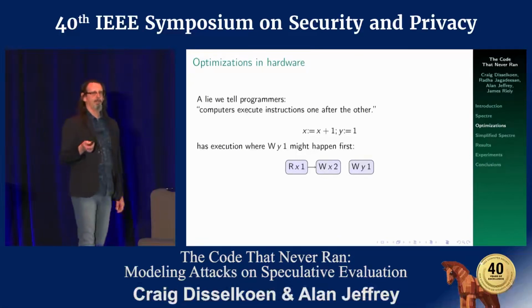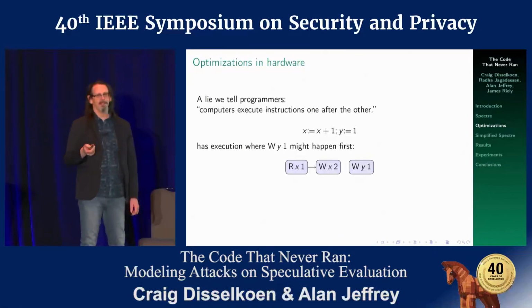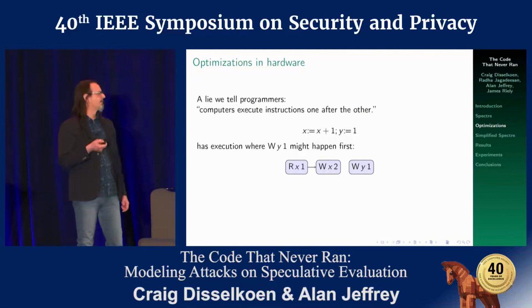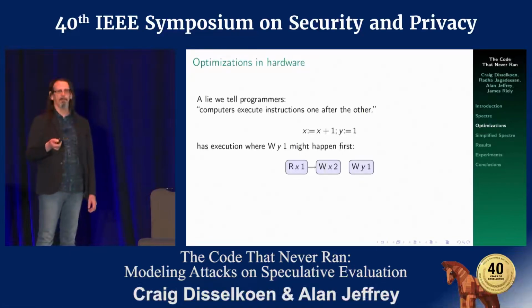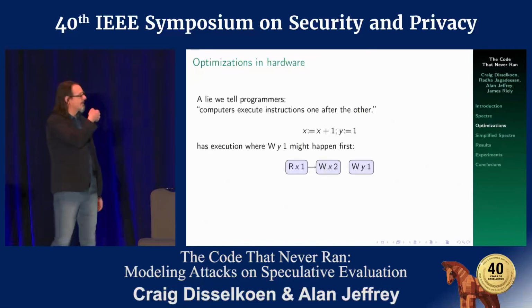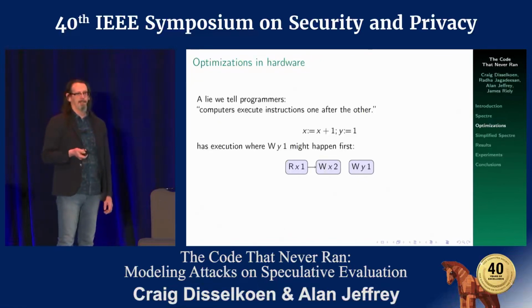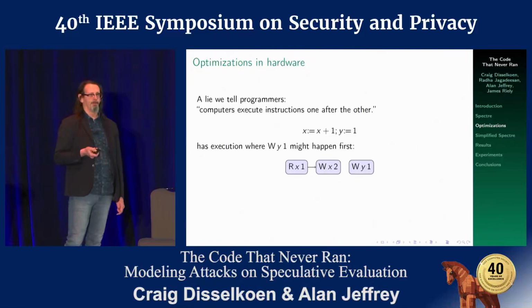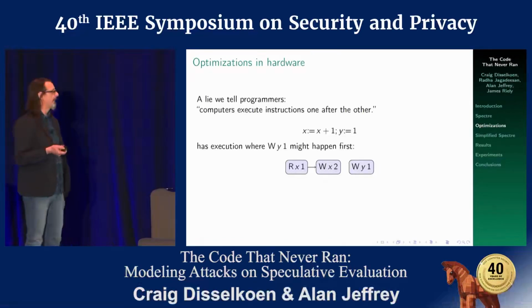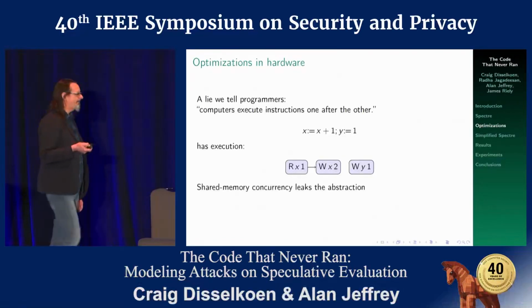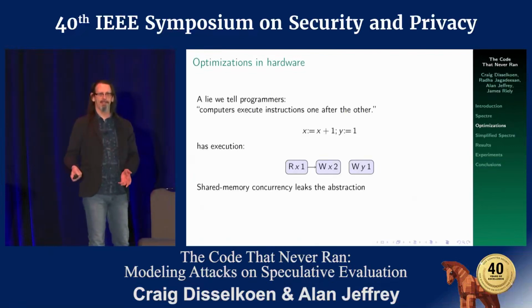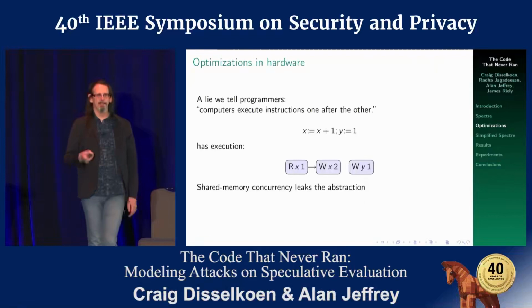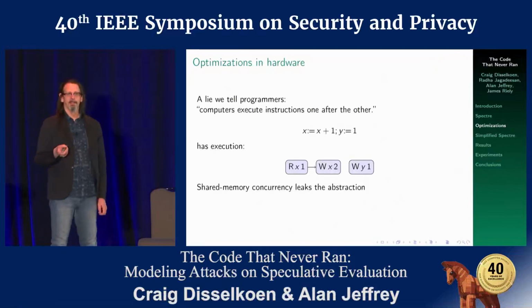Hardware is perfectly capable of spotting that the write of y to 1 doesn't depend on the value of x, and so it's perfectly capable of executing it first. There's no dependency between any of the actions on x and the action on y, so it can get reordered. And that's fine if you couldn't spot that lack of dependency. And for single-threaded programs, you can't.